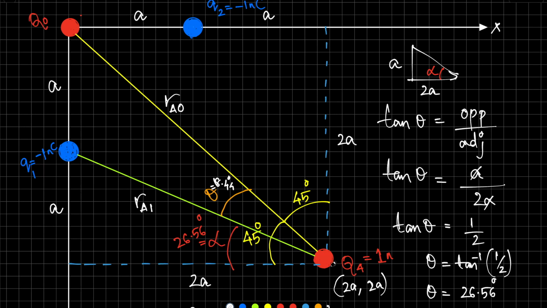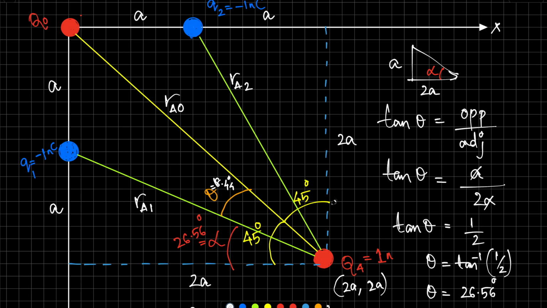I'm going to do the same thing for charge Q2 as well. Both of them are the same charges, right? Minus 1 nanocoulomb, minus 1 nanocoulomb. And they're located exactly the same distance from the origin. If I draw a line here, I'm going to call it RA2, the distance between charge A and charge 2.